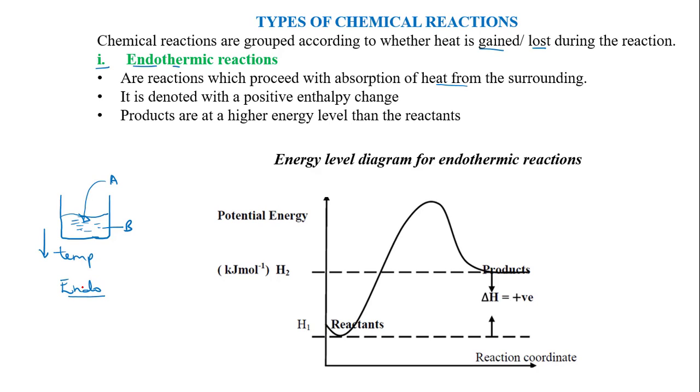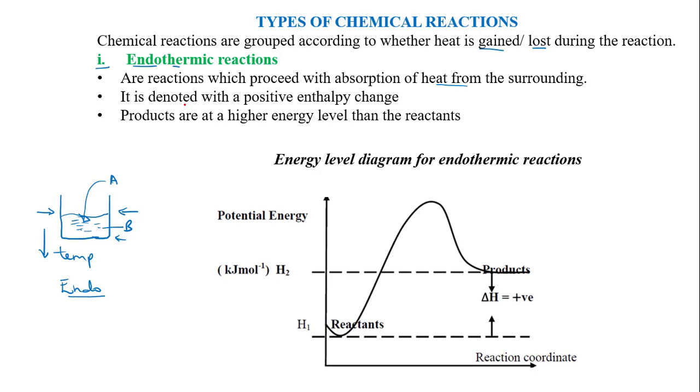Endo meaning the heat energy is being absorbed from the environment. Energy will be removed from the environment, and we shall have a cooler solution being formed when A reacts with B.